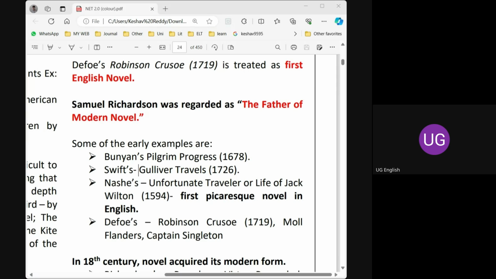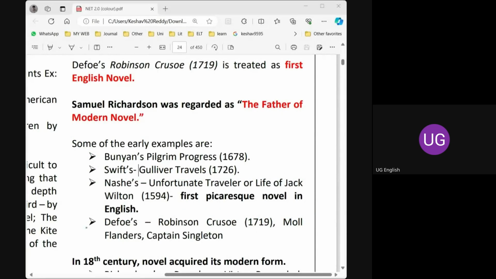Very important. The first picaresque novel in English literature is Thomas Nashe's The Unfortunate Traveller, or the subtitle, which is asked a few times, The Life of Jack Wilton.